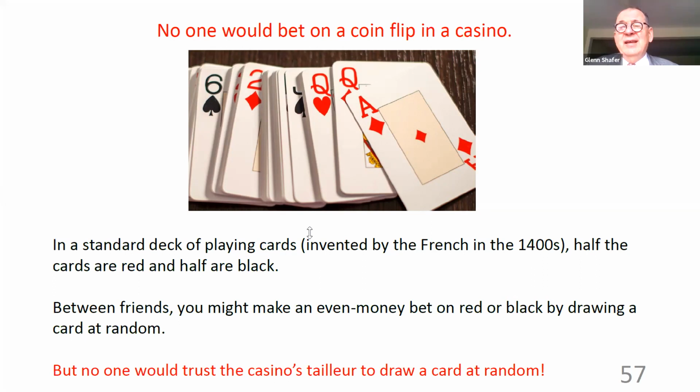And the coins in the 18th century, you can imagine, were very imbalanced. So you might talk about flipping a coin, but nobody's really going to bet on it in a casino. But another way of betting, I mean, I think most people, even with their friends, wouldn't trust a coin flip in those days.